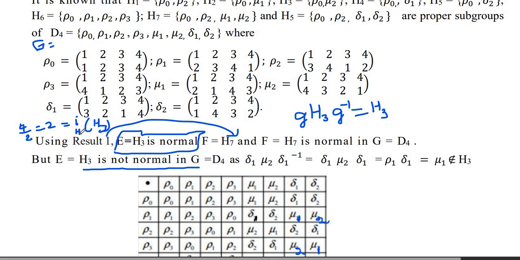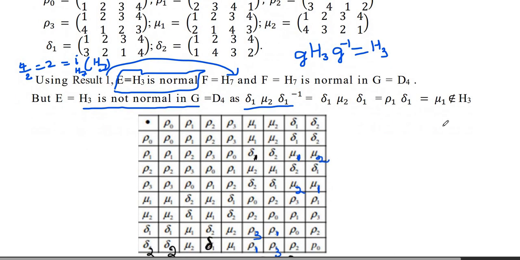The index of H3 in H7 is 2, and therefore you can use result 1 to conclude that E is normal in F. But this E is not normal in G. For that, if we are able to show that for one G in G and N in N, G N G inverse doesn't belong to N, then we can easily conclude that N is not normal.